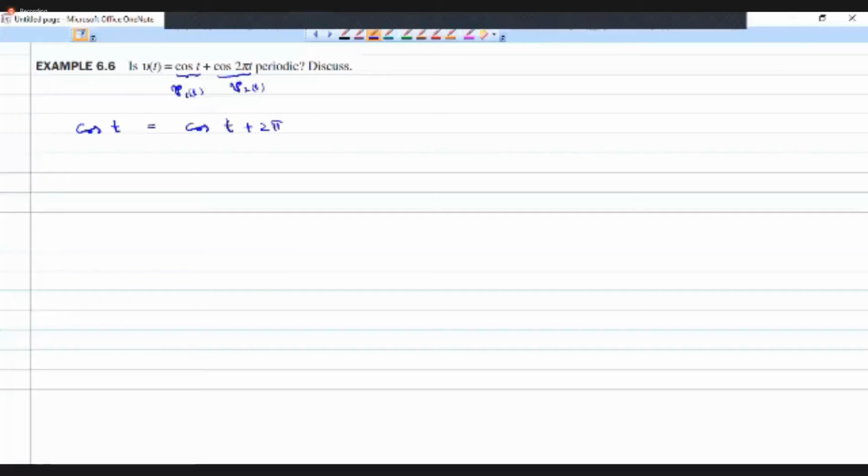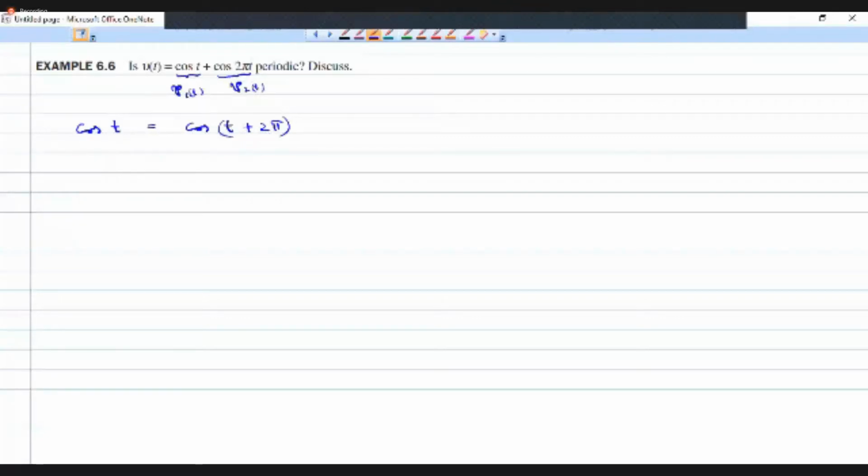What is the value of omega here? Omega is equal to 1. You just take it as a value. Don't take this as having a dimension of time. This is having a dimension of radian, that is angle. So I can simply add 2 pi, and since cosine is a periodic function, write cos t is equal to cos of t plus 2 pi.